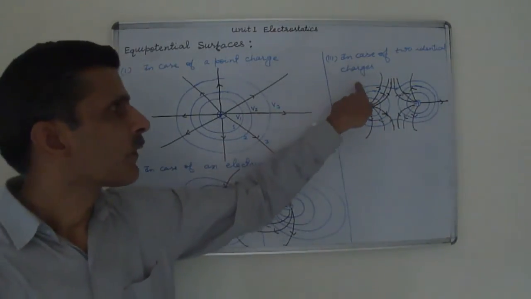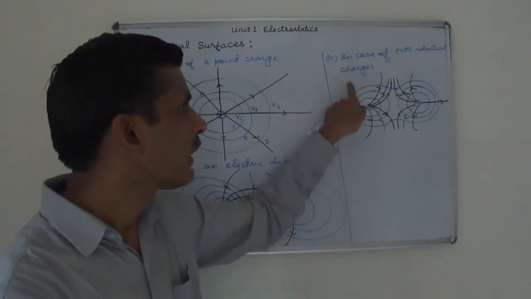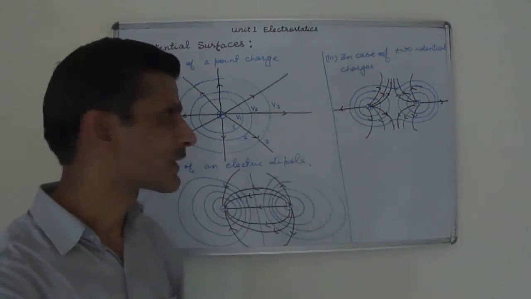Remember, the equipotential surfaces are in 3 dimensions. Here we are showing only sections.